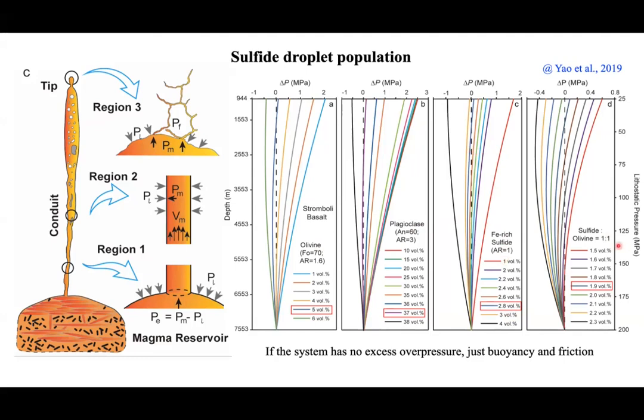And if the basalt also contains olivine, it can carry just 1.9 volume percent of sulfide. So the magma cannot carry so much sulfide. It's maybe less than 5% of sulfide in the ascending magma flow.